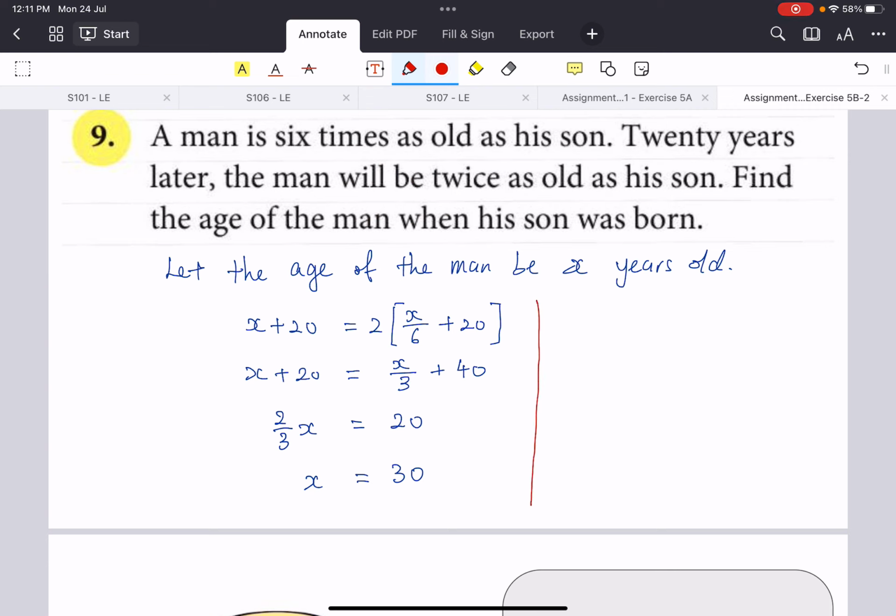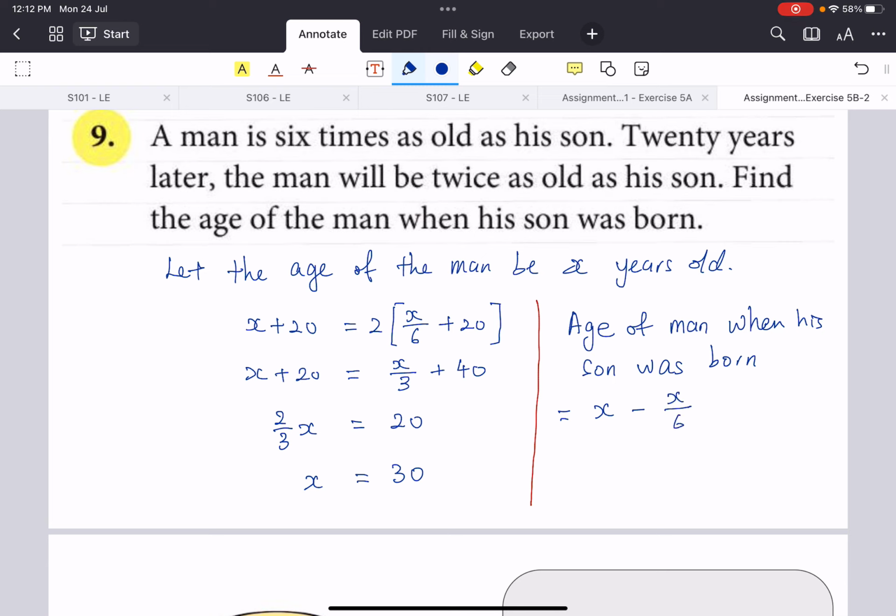Therefore, we need to write down: age of man when his son was born is actually equal to his current age minus the age of his son.